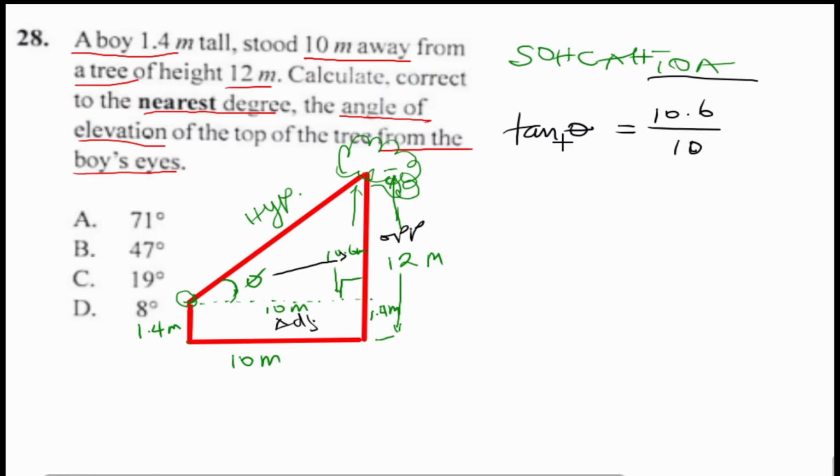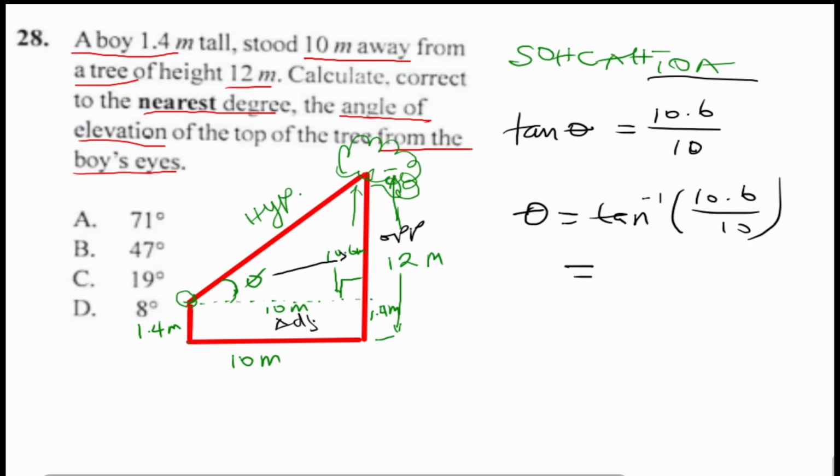To make theta the subject, we take tan inverse of both sides. So taking tan inverse of both sides, we'll cancel out the tan here. So you have theta left, and that will be tan inverse of 10.6 over 10.